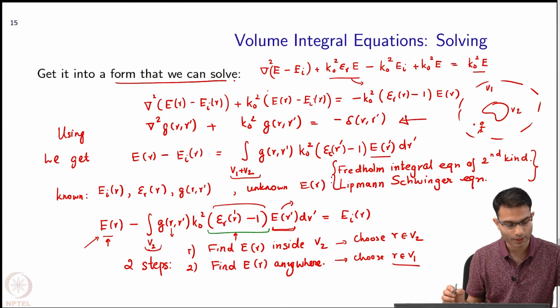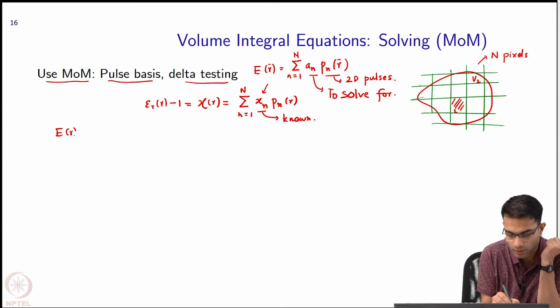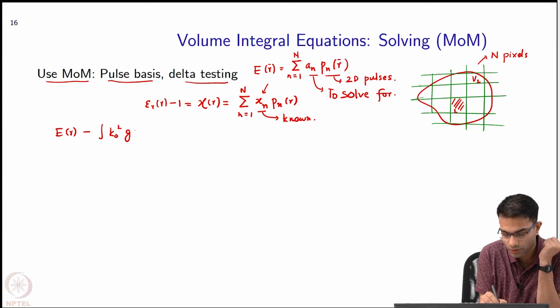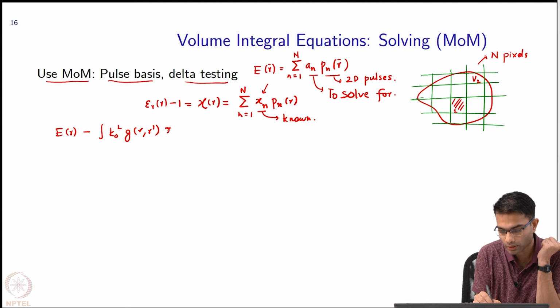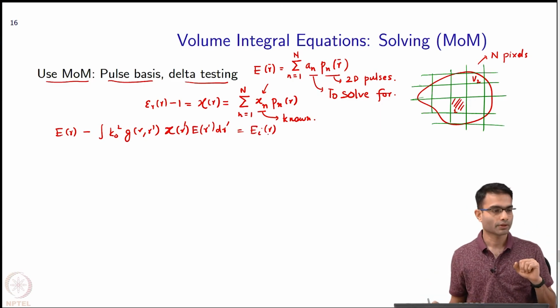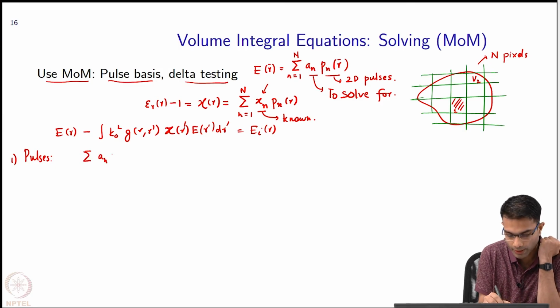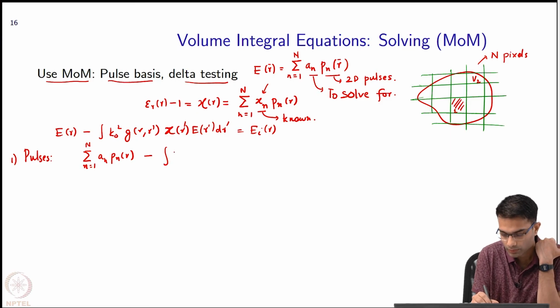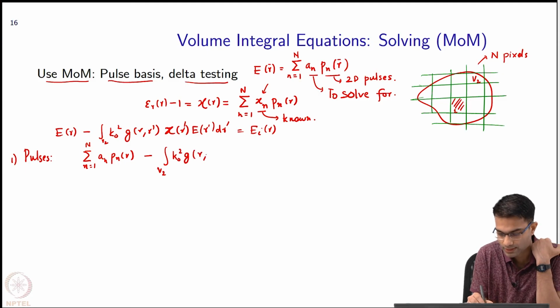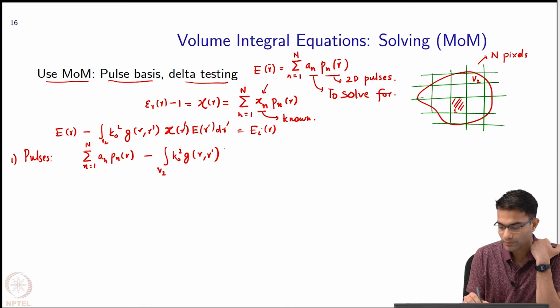So, let us just look at our equation once again. I had E(r) minus k_0 squared times the integral of g(r, r') chi(r') E(r') dr' is equal to E_I(r). That was our equation. So, now the first step is to put the pulses in. This first term will become the summation of a_n P_n(r). The second term is over V2, k_0 squared, g remains as is, and then comes the summation.